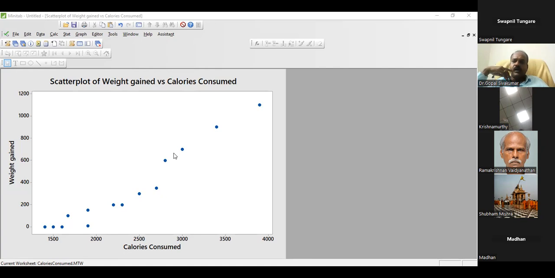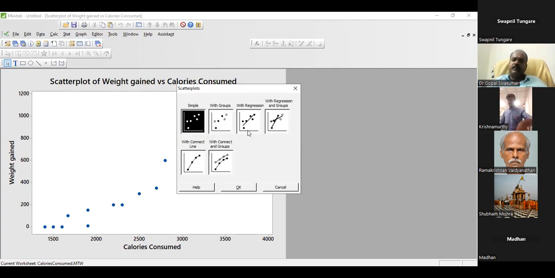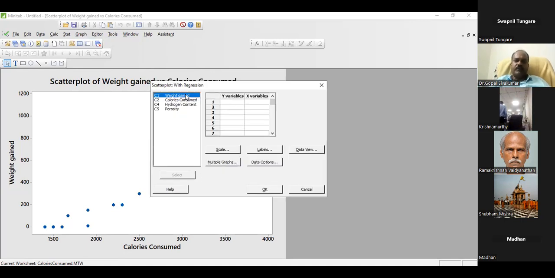Yes. So you can call this relationship a linear relationship, because it is approximately a line, right? So I'll also show you that line: Graph, Scatter Plot, by switching to the third option, scatter diagram with regression. Give OK, same Y variable, same X variable.